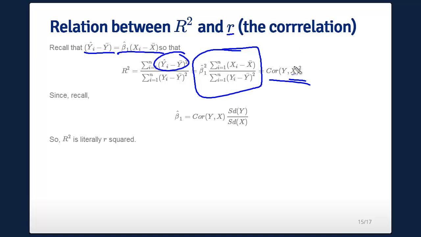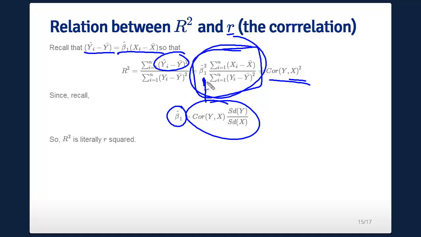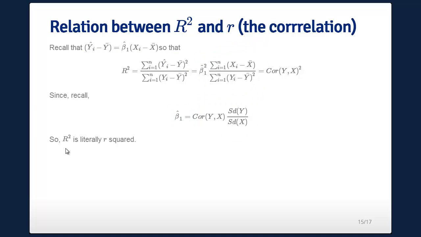It's not immediately obvious why that's the case, but remember you have to plug in beta 1 hat, which was the correlation times the ratio of the standard deviations, and you'll see that's the case. The long and short of it is, if we define R as the correlation between X and Y and R squared as the percentage of the total variation explained by the model, R squared is literally R squared. And that's maybe where it gets its name.